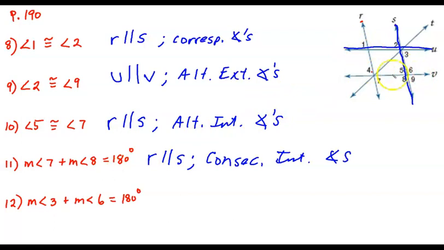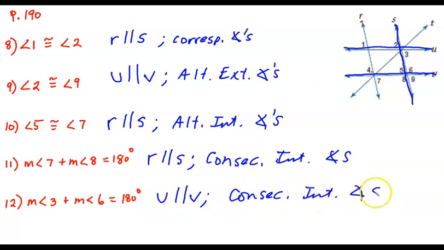They must be, since 3 and 6 are supplementary, and they're also considered to be consecutive interior. So we would say that U and V are parallel. And again, that's going to be consecutive interior angles, converse.